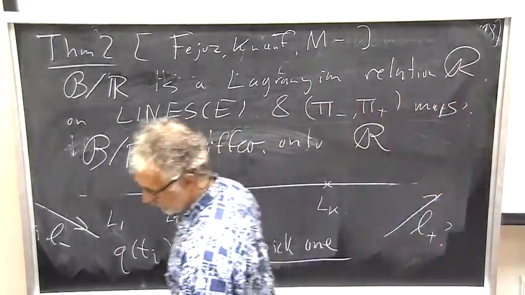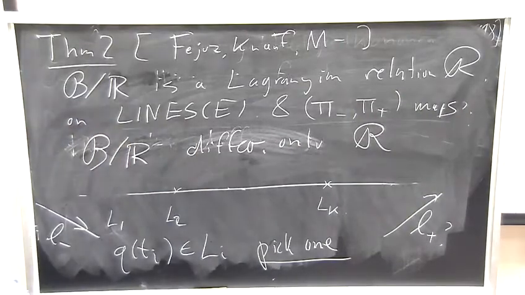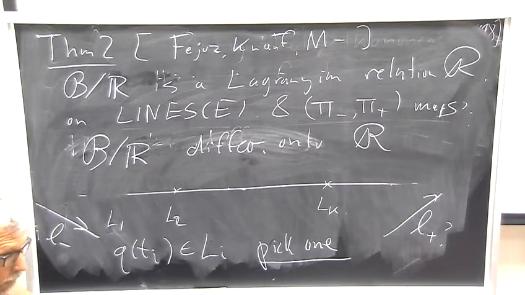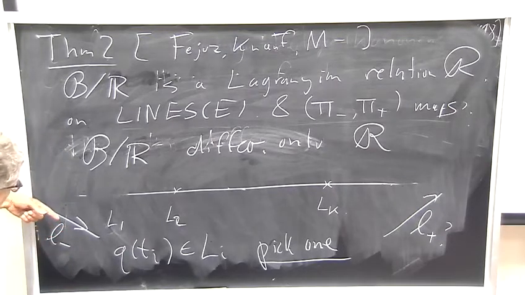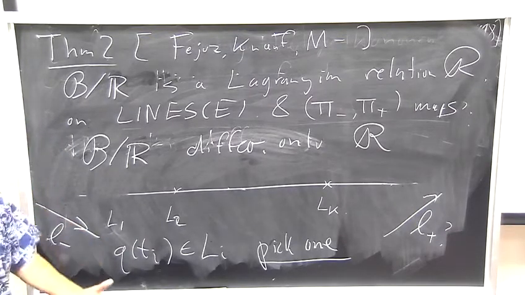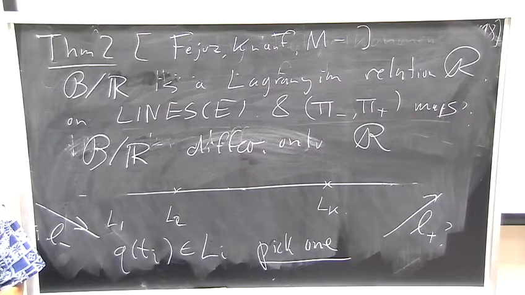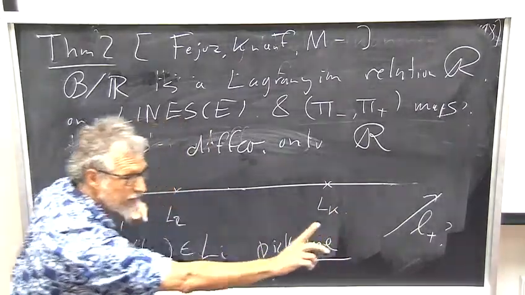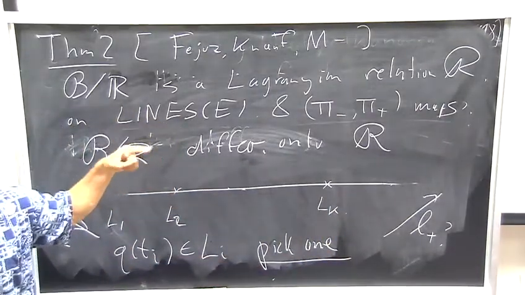Okay, so I want to explain those words. Maybe it's easier to explain the last part first. So I have an incoming line and an outgoing line, so we think of it as scattering. That's Knauf's, he's written books on scattering. You want to think of it as a scattering map, like in physics.